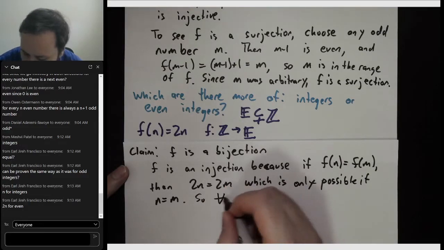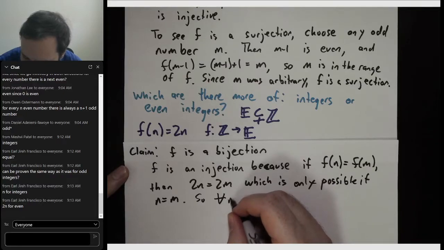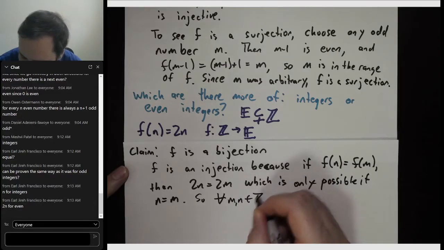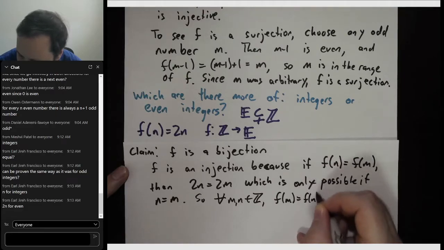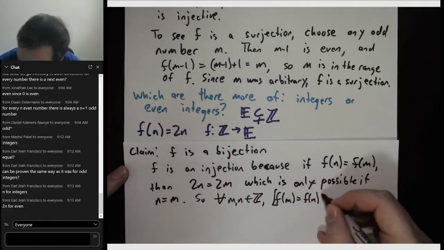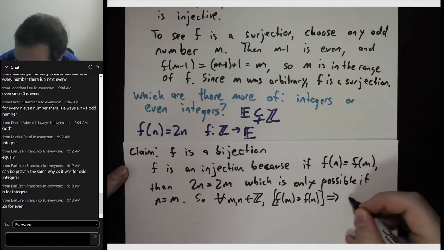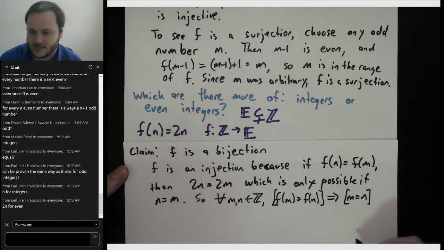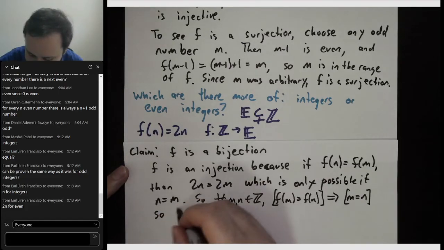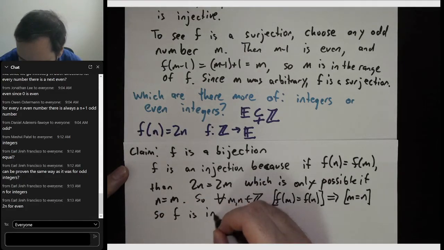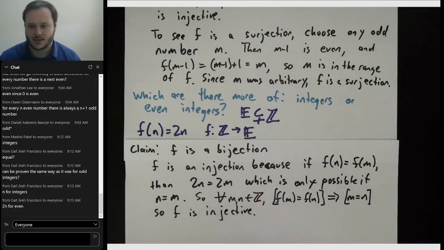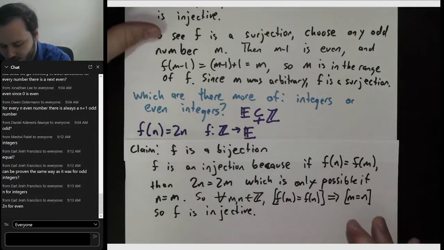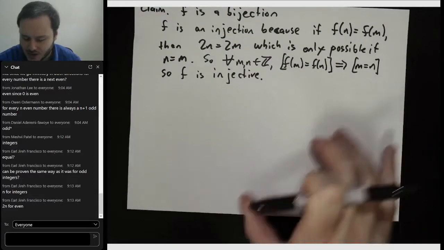So for all m and n in the integers, f of m equals f of n implies m is equal to n. So f is injective. Now I'll show that f is surjective.